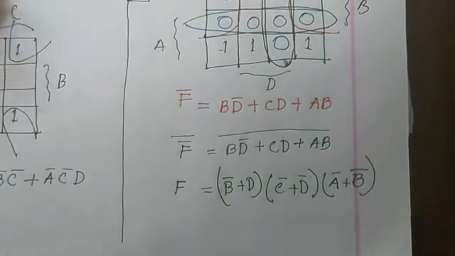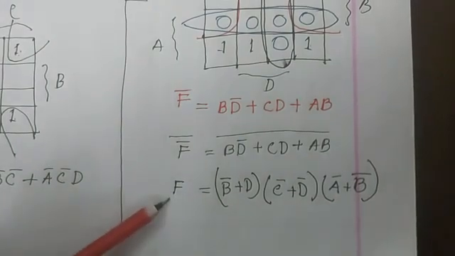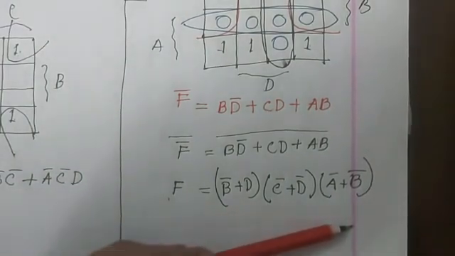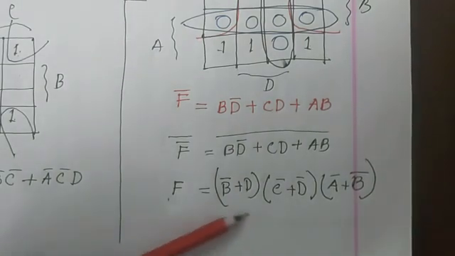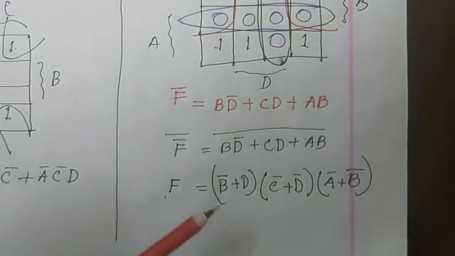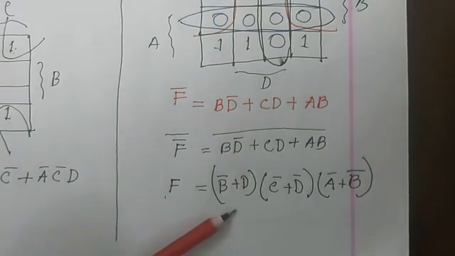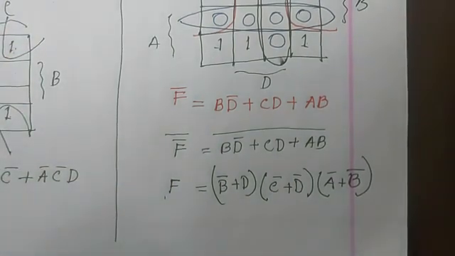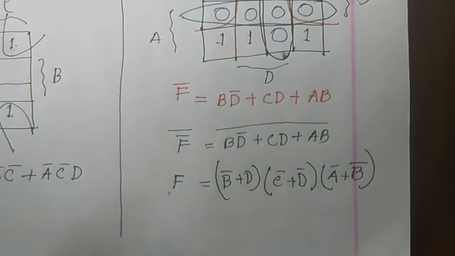So finally we got f in product of sum form, the simplified product of sum form for this example.